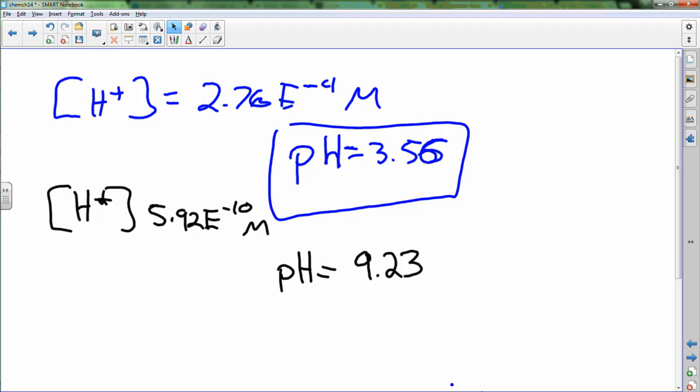Okay, simple enough, right? For now. Now, if we notice, for this one, 5.92 times 10 to the negative 10, that is less than normal water. Pure water is 1 times 10 to the negative 7. So this would have a lower concentration of H plus ions than pure water.